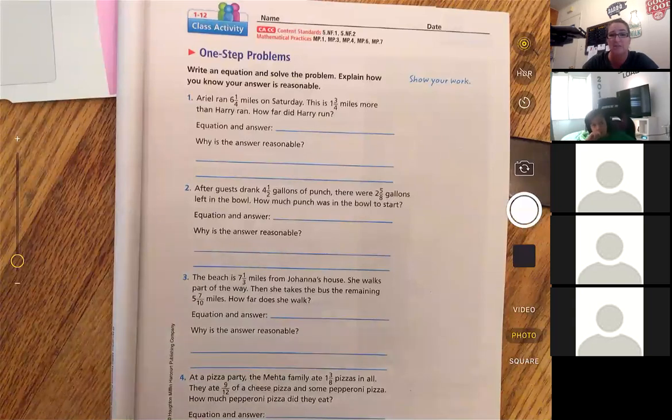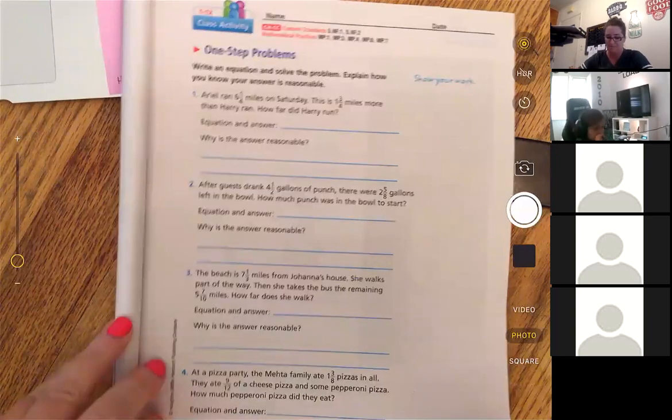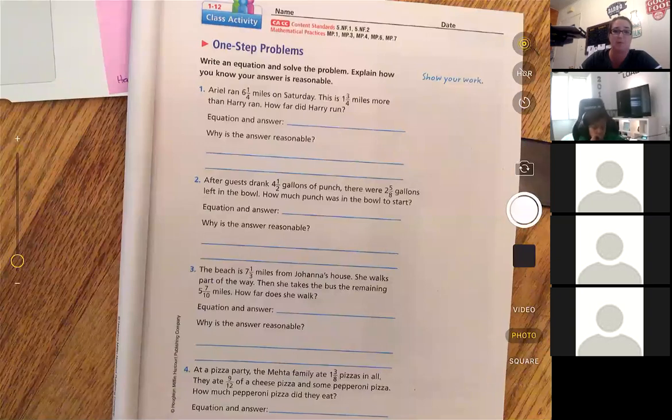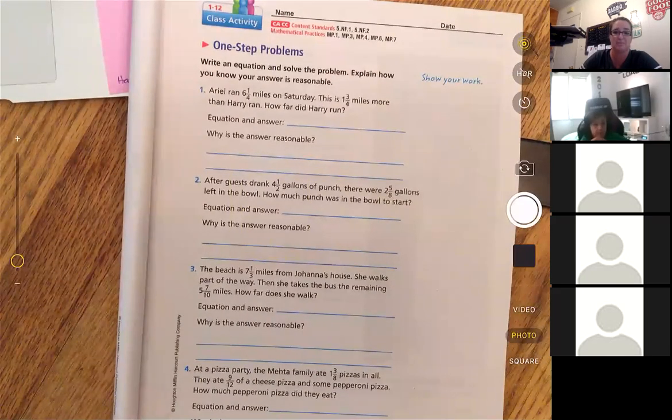What I'm looking for when I go in and out of the breakout rooms is I'm looking for someone to be reading the problem out loud for the group. And you guys have 8 of these word problems. So everyone will have a chance to read a problem out loud. There should be discussion about, is this addition or subtraction? And then talk about how to solve it, also what your common denominator is going to be. And also, is the answer that you're getting reasonable? Okay.